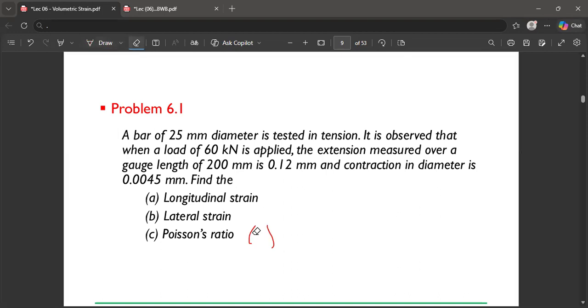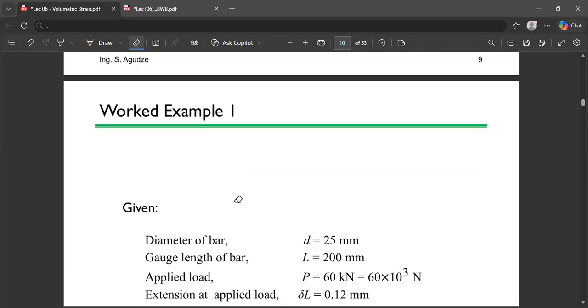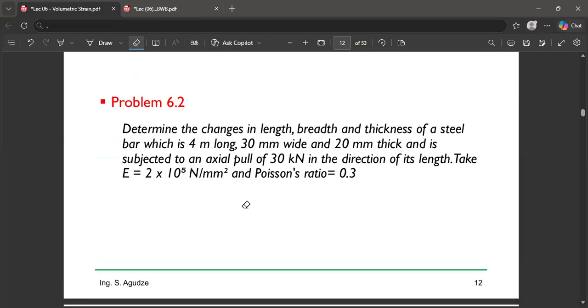Okay, good. Let's also look at the second example. The problem says: determine the change in length, breadth, and thickness of a steel bar, which is 4 meters long, 30 wide, and 20 millimeter thick, and is subjected to an axial pull of 30 kilonewton in the direction of its length.